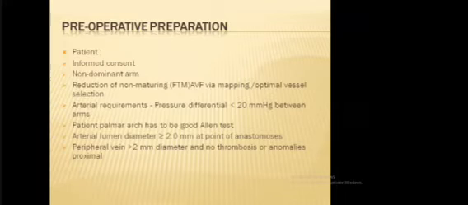If one of the vessels is blocked, we can see changes in the perfusion of the hand, which gives the conclusion that the patient has atherosclerotic disease of the radial or ulnar artery. Then check the arterial lumen diameter, which should be more than 2 mm at the point of anastomosis. The peripheral vein should be more than 2 mm in diameter, with no thrombosis or anomalies at the proximal level of the venous system.